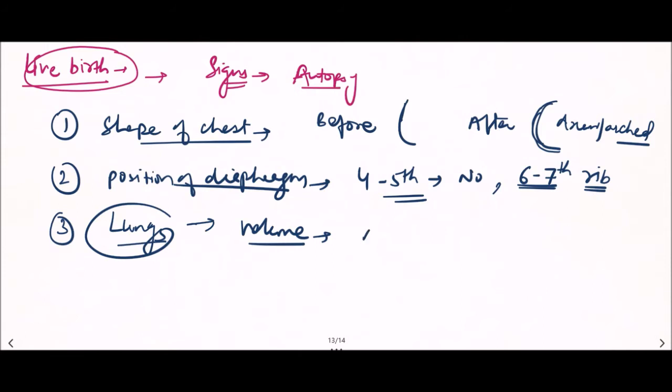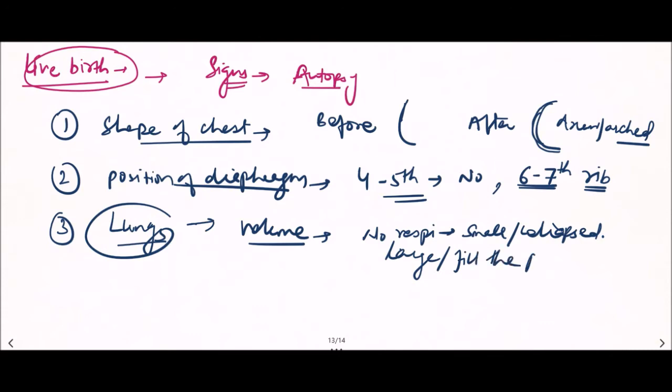So if there is no respiration, lungs will be small and collapsed due to less volume. But fully respired lungs are large and fill the pleural cavity.